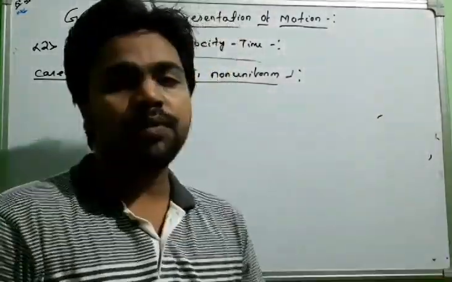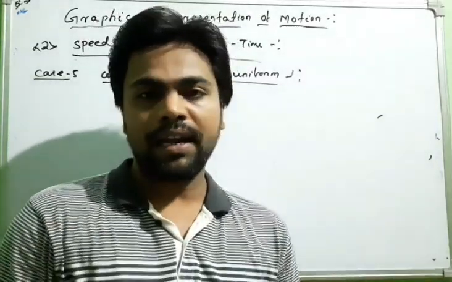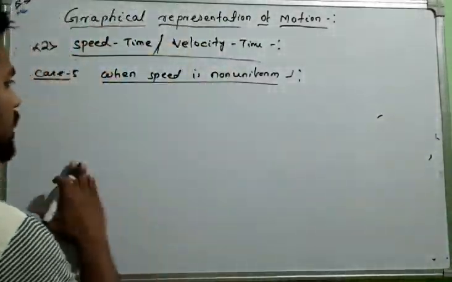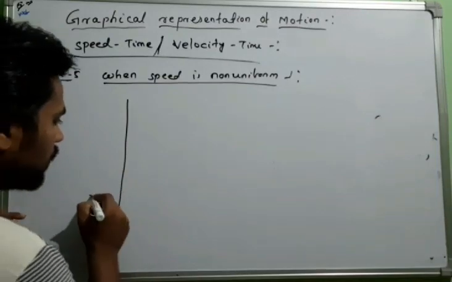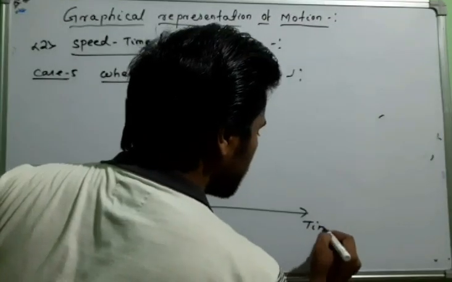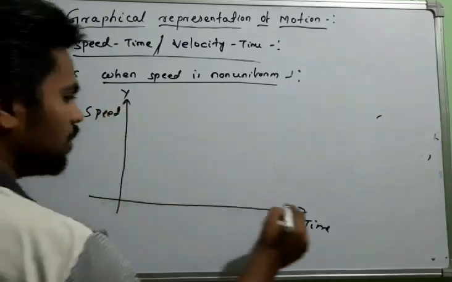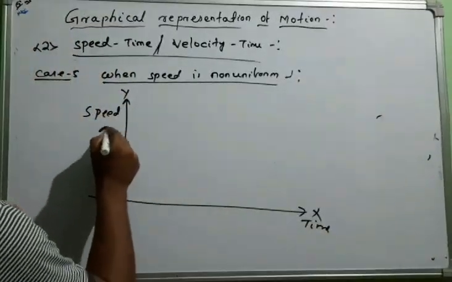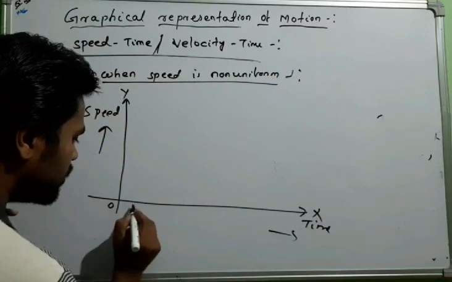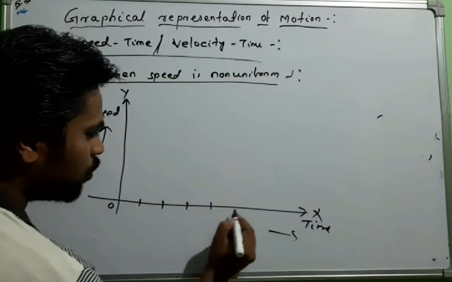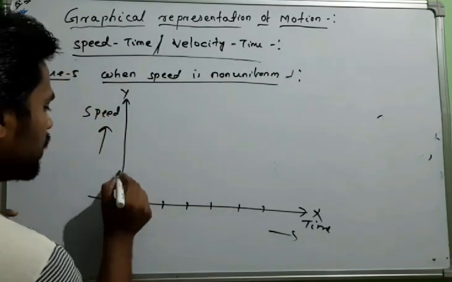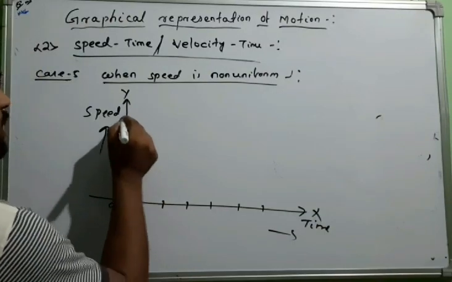Example of non-uniform speed: where a body travels in high traffic. In this case, I'll make the graph like this. This is the time axis, x-axis, and y is the speed axis. This is the origin 0, 1 second, 2 second, 3 second, 4, 5, 6 second, and 1 meter per second, 2, 3, 4, 5, 6 like this.